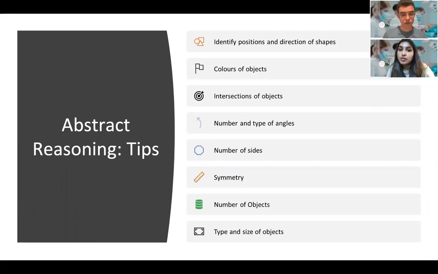There weren't a certain number of angles or types of angles that were needed, or a certain number of sides, no symmetry, no certain number of objects. Sometimes one of the sets has only an odd number of shapes and one set only has an even number of shapes. There was a type of size and object, so that was the one that helped us answer the question. We saw that in set A, it was only circular and round shapes, and in set B, there were hard lines. So using this list is really useful to be able to eliminate the patterns that it would not be.